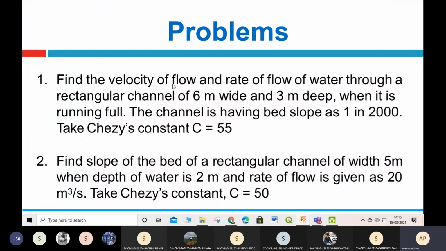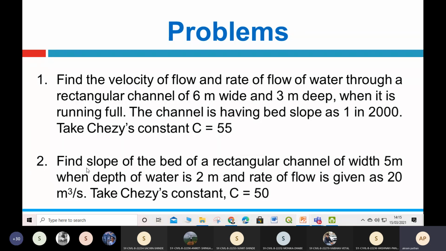Find the velocity of flow and the rate of flow of water through a rectangular channel of 6 meter wide and 3 meter deep when it is running full. The channel has a bed slope of 1 in 2000. Take Chezy's constant C equal to 55.